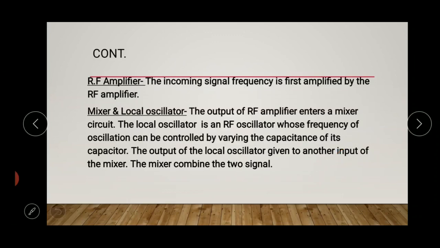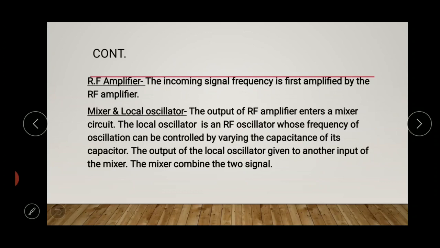So the theory is, the first stage is the RF amplifier. The incoming signal frequency is first amplified by the RF amplifier. Then the mixer and local oscillator. The output of the RF amplifier enters a mixer circuit.